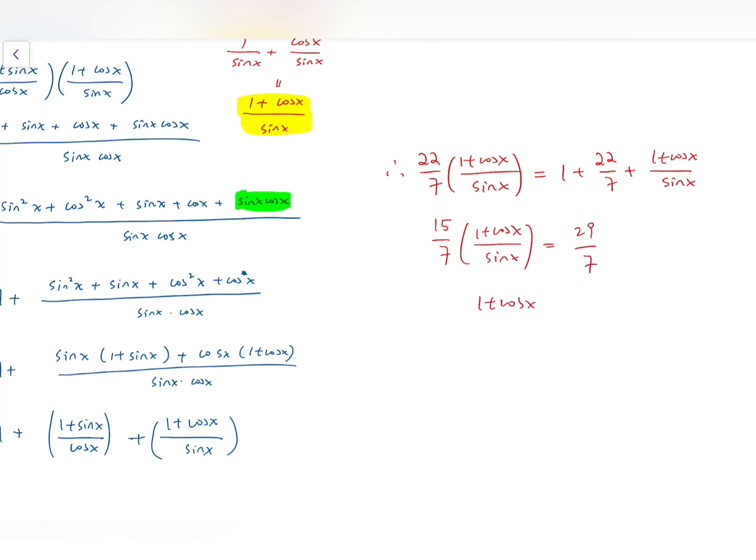Then we can quickly solve, and we know that our answer is actually 29/15.